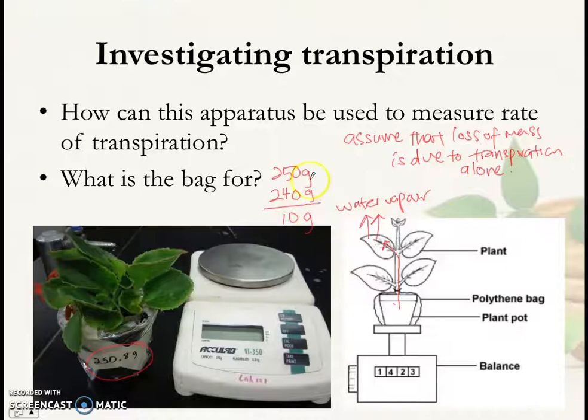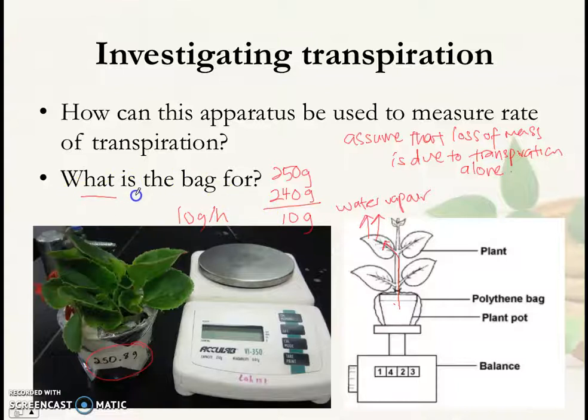So from here, we can calculate the rate of transpiration. If in 1 hour, 10 grams of water vapor was lost through transpiration, then the rate of transpiration would be 10 grams per hour. Alright, because in 1 hour, we lost 10 grams of water.